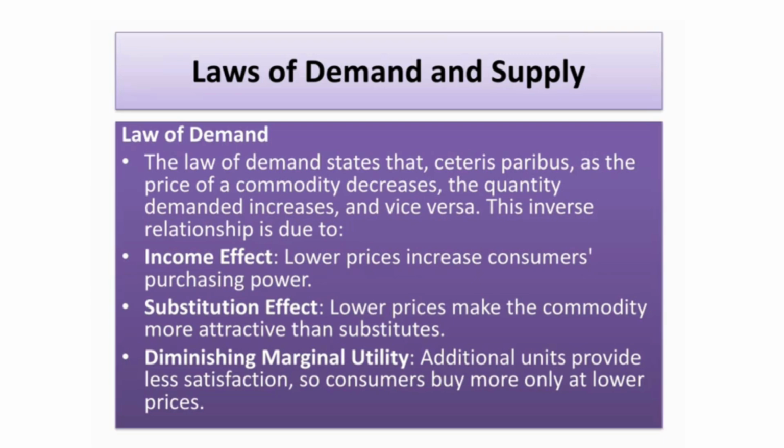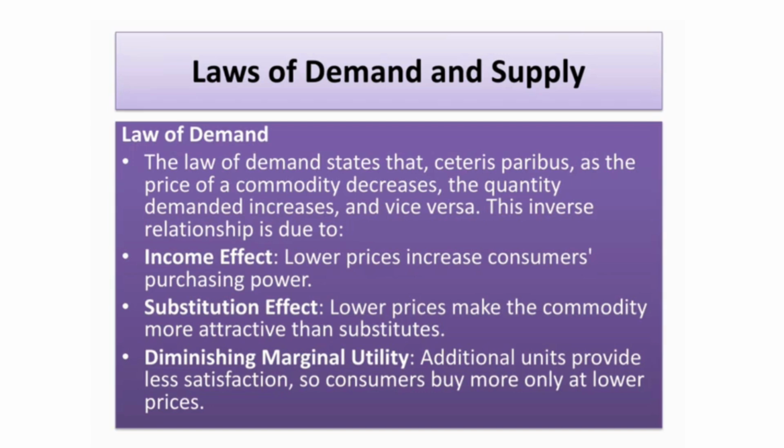Now we are looking at the law of demand, which says that as the price of a commodity decreases, the quantity demanded of it will increase. And the other way around, as the price of a commodity increases, the quantity demanded of it will decrease. This indicates an inverse relationship between the price of a commodity and the quantity demanded of it.